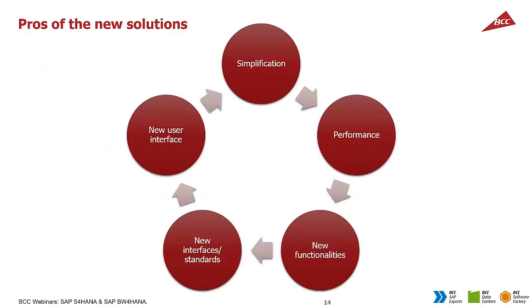As you see, the main point of what's new, or what the advantages of S/4 are, is the simplification. Both the ERP system and the BW system were simplified. It allowed performance gains. Also, the SAP HANA platform brings some performance gains. New functionalities were added to the systems.